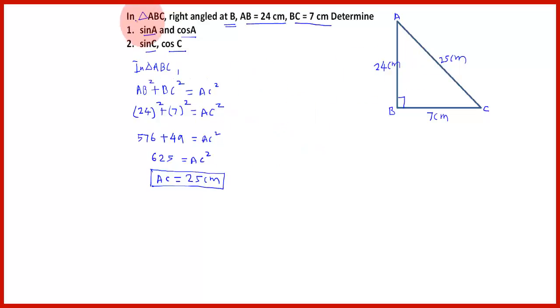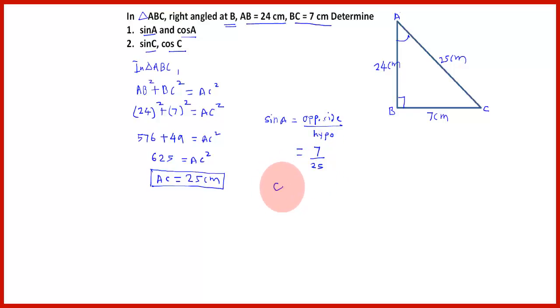Now we will find sin A. So sin A is equal to opposite side upon hypotenuse. Sorry, sin A we have to find, so the angle is this, and so opposite will be BC, and so it is 7 centimeter, and hypotenuse is 25 centimeter, so it will be 7 by 25.